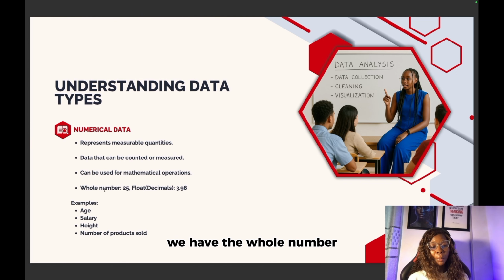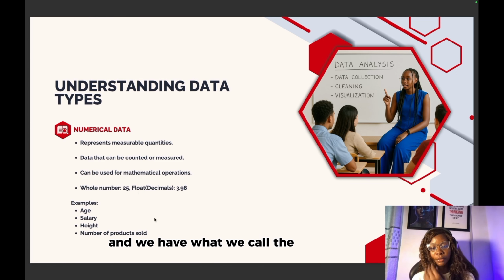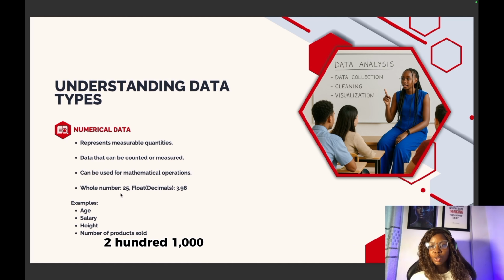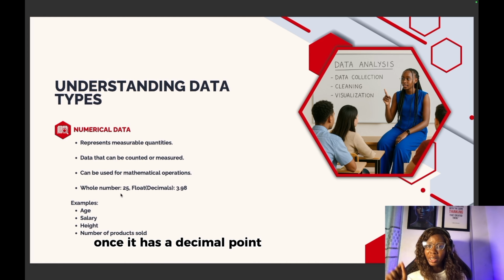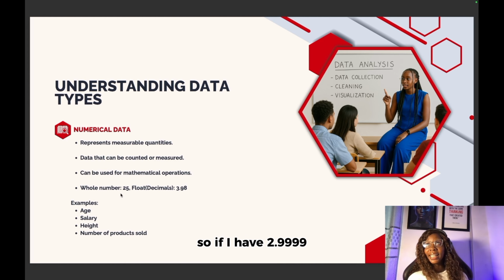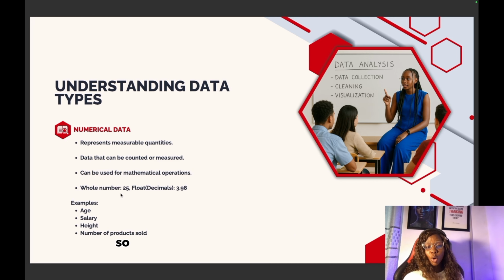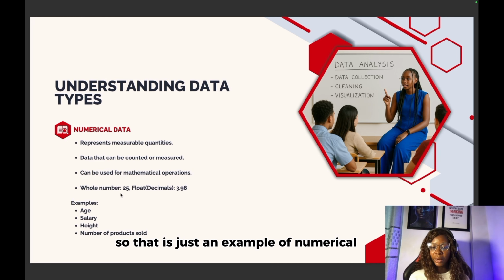We have the whole number and we have what we call the float or decimal. The whole numbers are like 1, 2, 100, 1,000, 1,000,000. Once it has a decimal point, it becomes float. So if I have 2.9999, that's float because it has a decimal point already. So that is just an example of numerical data.